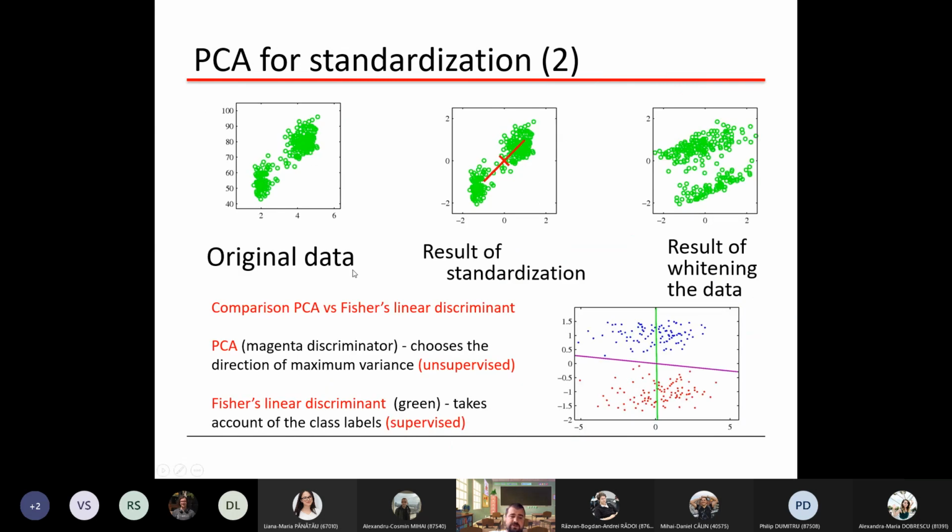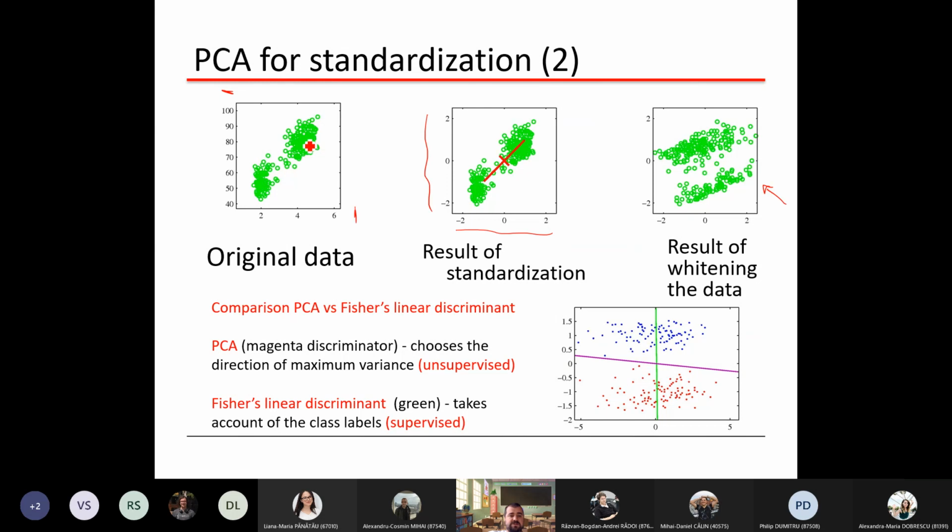So if we have the original data, you can see that the scales are different. So the first step is to obtain the same scale for both dimensions, and we also obtain the main directions of the data, so the principal subspace in 2 dimensions, and then the result of whitening, what I showed you earlier, is like this.